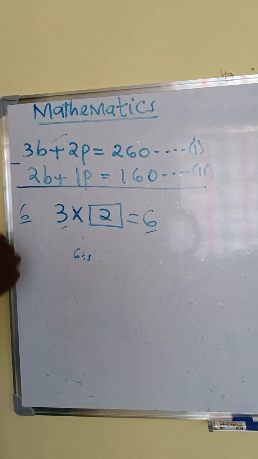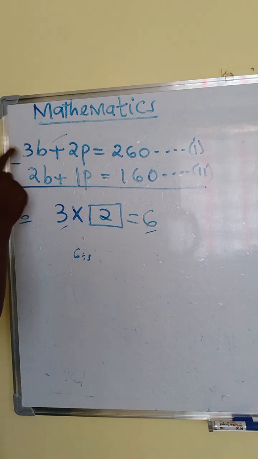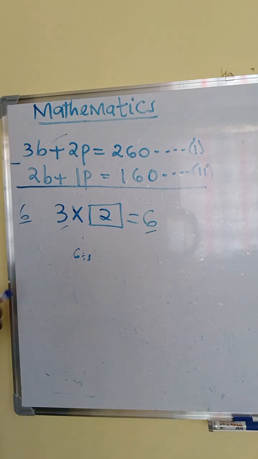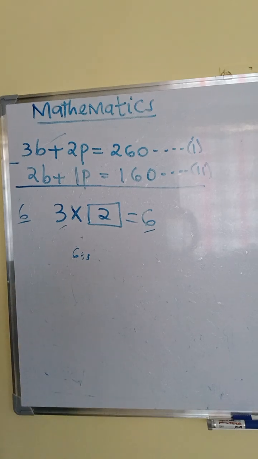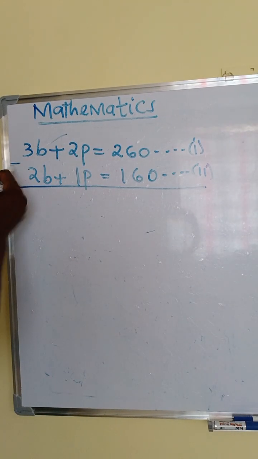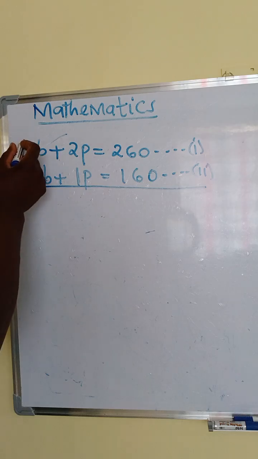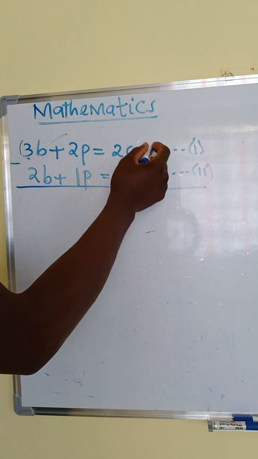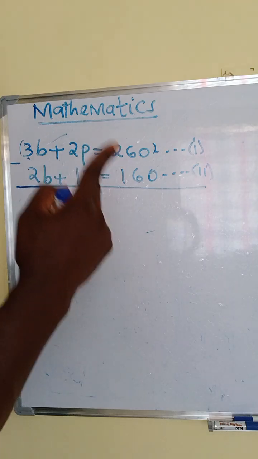So I will need to multiply 3 by 2 to get 6. Because of that, I will not only multiply 3, I will multiply everything in the first equation by 2.